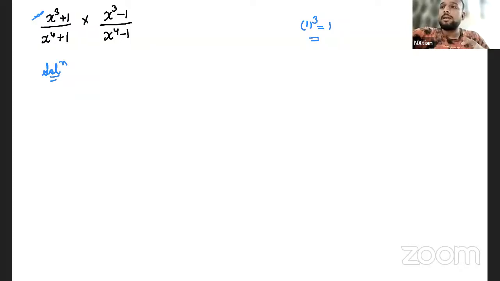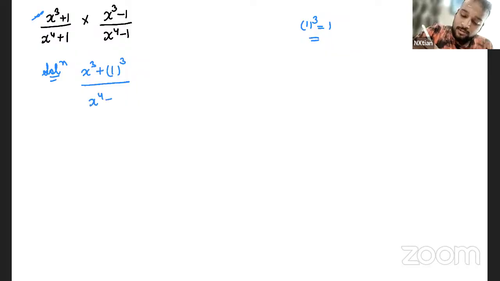So it means it's x cube plus 1 cube upon x4 plus 1, into x cube minus 1 cube upon x4 minus 1. Understood?